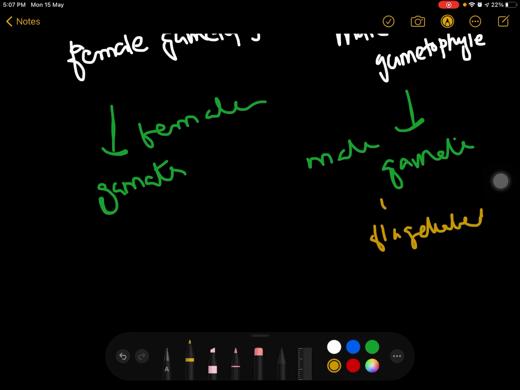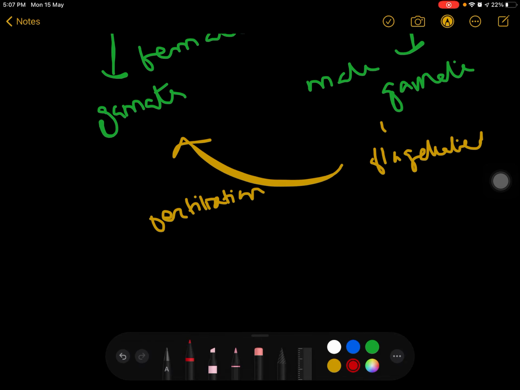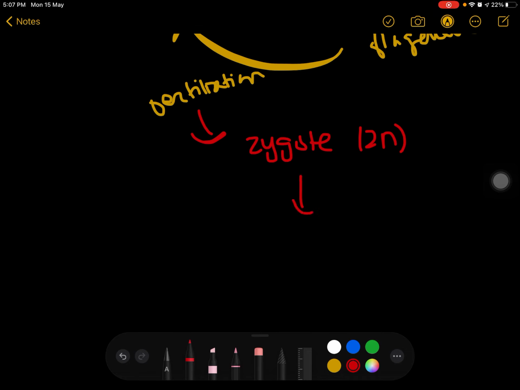They will come to the female gamete and fertilization will take place and the zygote will be formed, which will be 2n. Now the 2n zygote will be converted into an embryo, which will also be 2n. Then it will be converted into the sporophyte generation.